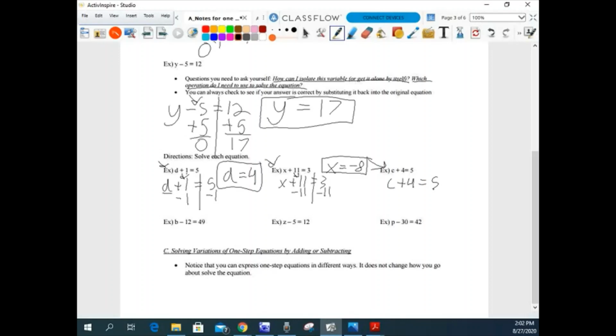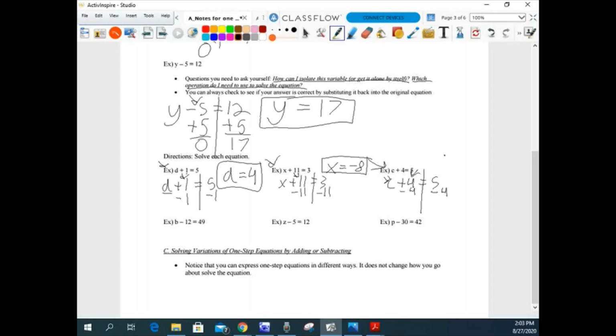Now let's get c by itself. The 4 is preventing us from doing that. So I need to do the opposite of adding 4. I need to subtract 4 from both sides. If you need to split down the middle, do that. Okay?